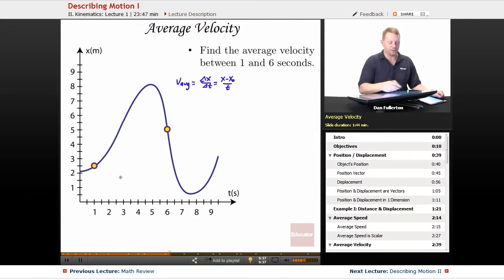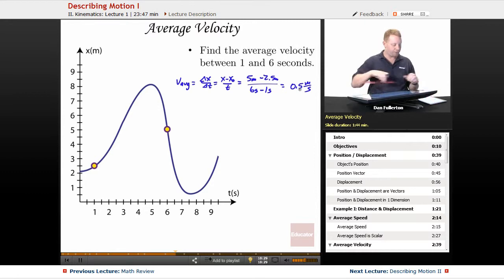It's a time versus distance traveled graph, and our final value is at about 5 meters. Maybe that looks more like 6. Now we'll write it as 5. So 5 meters minus 2.5 meters over the change in time, 6 seconds minus 1 second, or 2.5 over 5, which is going to be about 0.5 meters per second.